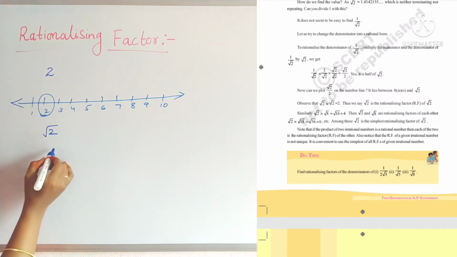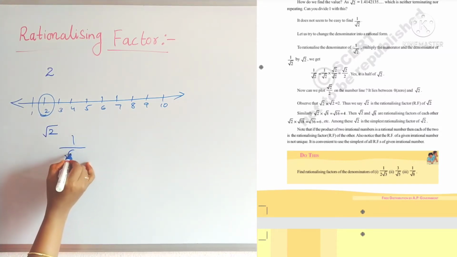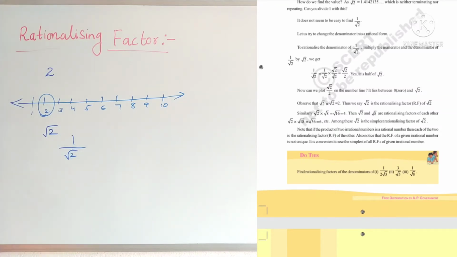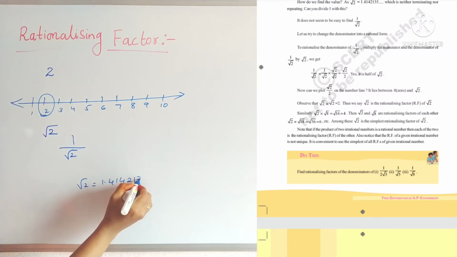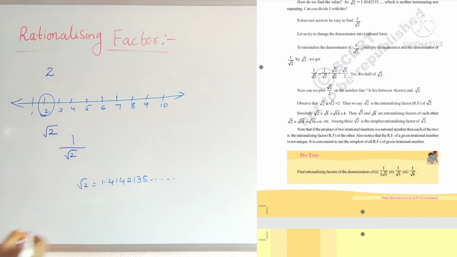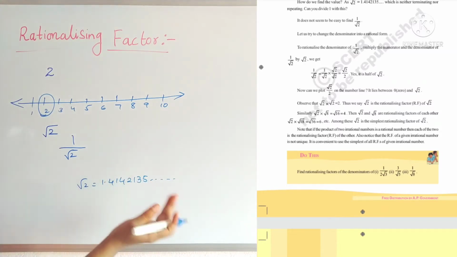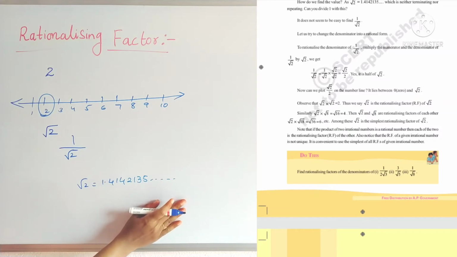So if I ask you to represent 1 by root 2 on the number line, then how will you say? What is the value of root 2? It is 1.414213, and so on. That means it is non-terminating and non-recurring, that means non-repeating.